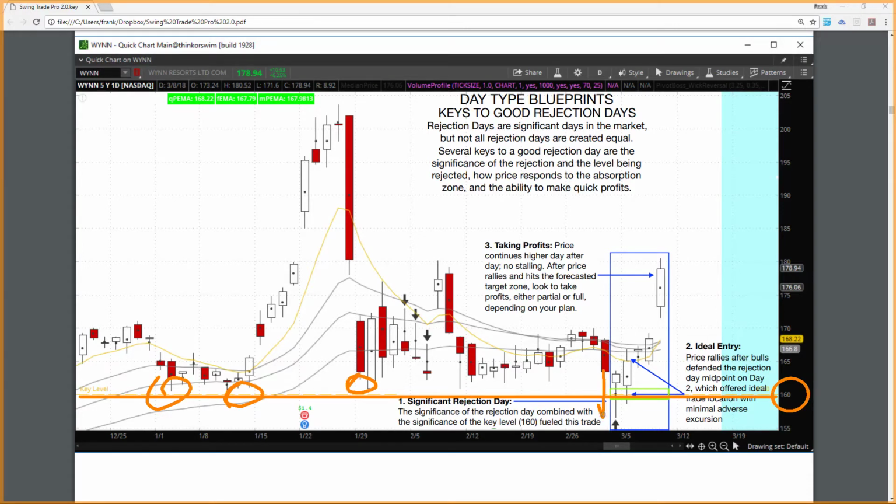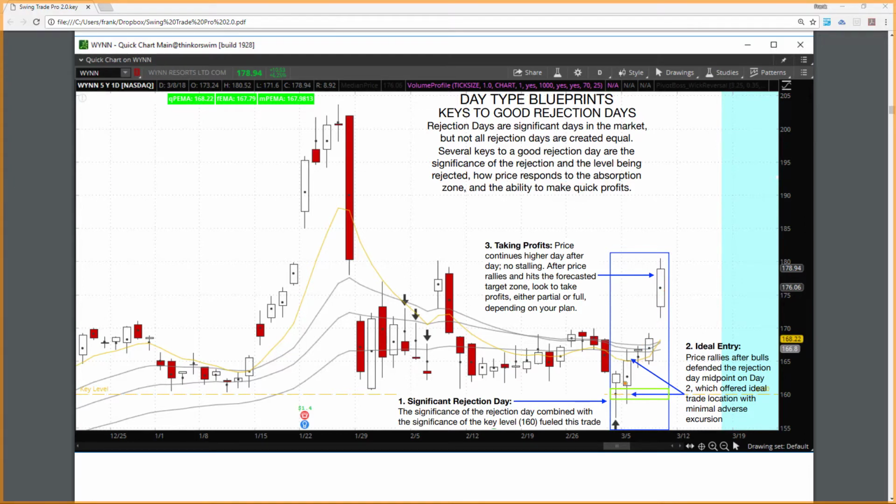So when it tried to breach that level and failed, that was significant. The day type was significant, the level was significant, and then from there, how quickly did the market pop off that absorption level? How price responds to the absorption level is another very important point, and then how quickly do you get paid in that trade is the other important point.